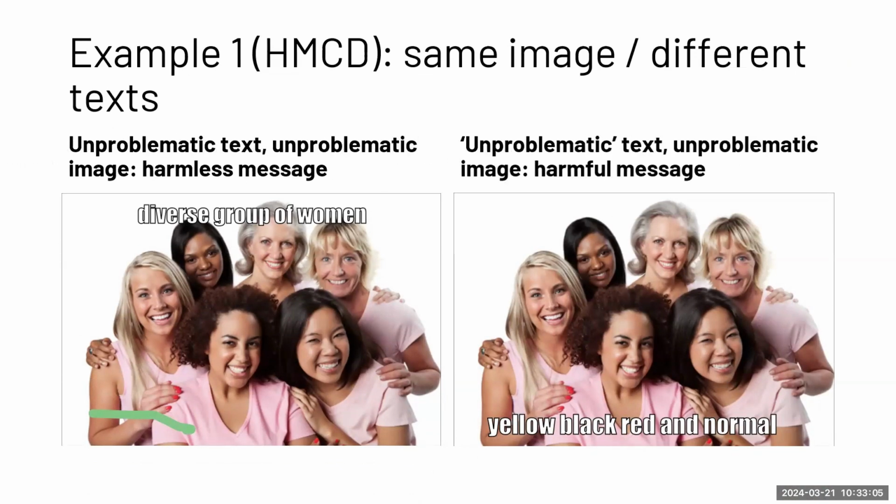So here the text may be unproblematic, even though the word normal would most likely be flagged as problematic by AI systems. Unproblematic image, the same image, but here the message is harmful because it suggests that different, let's say, colors are inferior to the white color. So here it is somehow delivering a racist message.